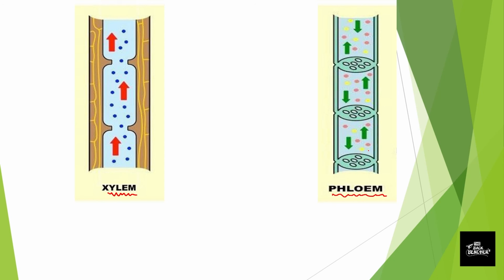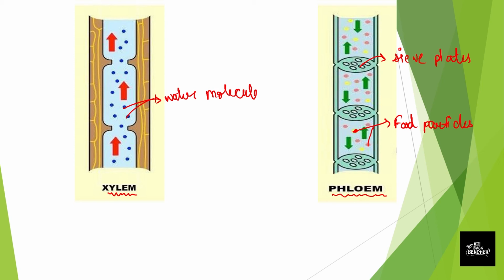Phloem is carrying food particles. You can see these are the food particles, and therefore phloem has sieve tubes. These are sieve plates for the passage of food molecules. In the case of xylem, these are water molecules, and here sieve plates are absent.